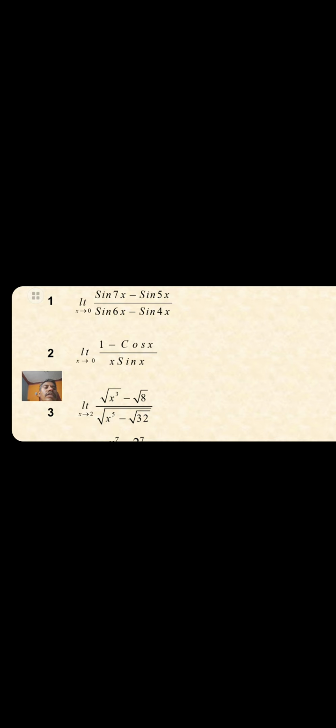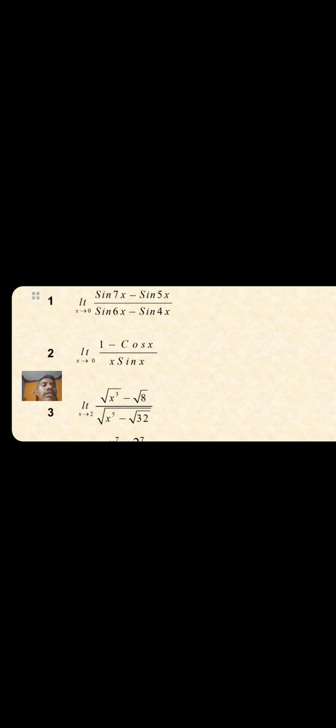It is mistakenly extended, so cut it. The numerator is x cube, and in the same way the denominator is up to x power 5, minus under root 32.